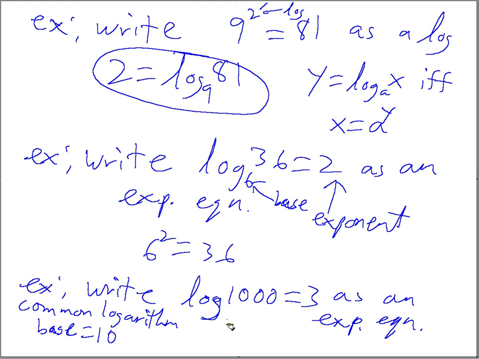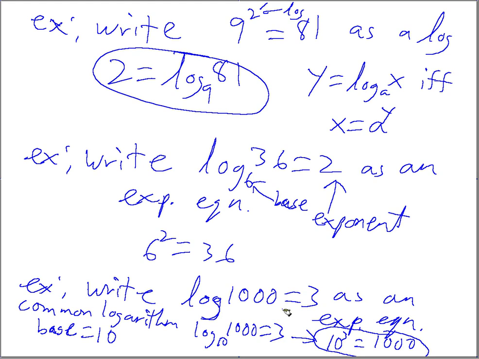So we can write a 10 down here. This equation can be written as log base 10 of 1,000 equal to 3. Certainly 10 cubed is equal to 1,000. So I've converted to the exponential equation here: 10 cubed equal to 1,000.